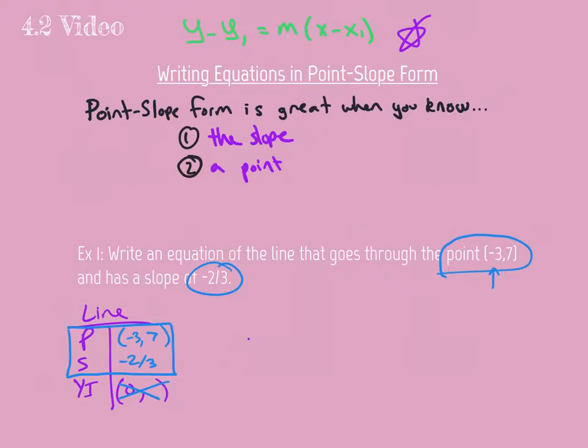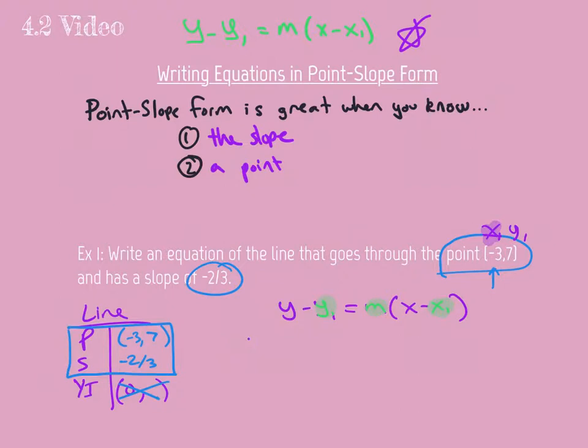And so I will start by actually writing point slope form. y minus y1 equals m times x minus x1. And remembering that I'm going to fill in a spot for y1 and x1 and m. So I'm looking at the point that I'm given, and that's really x1 and y1.